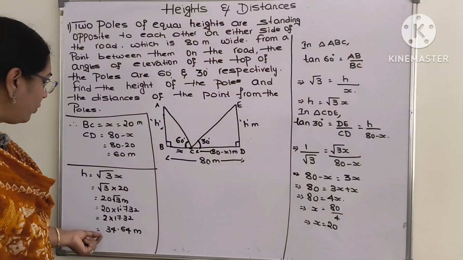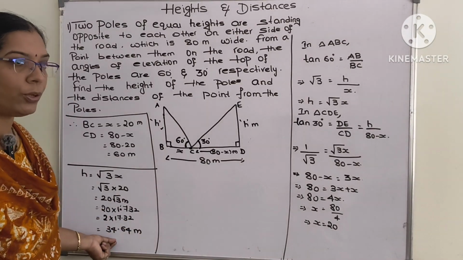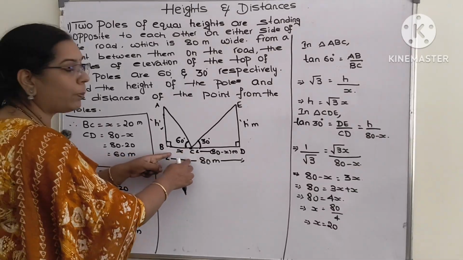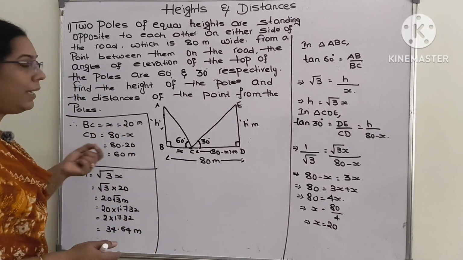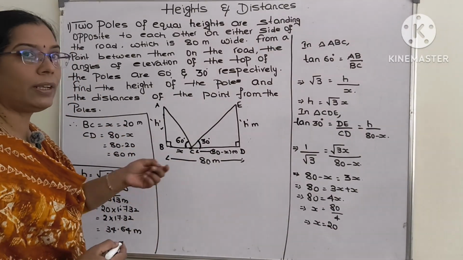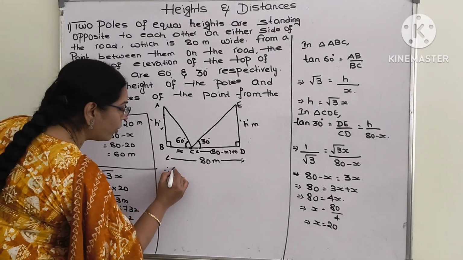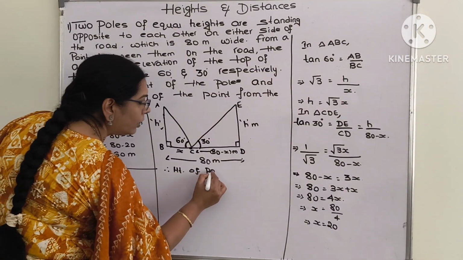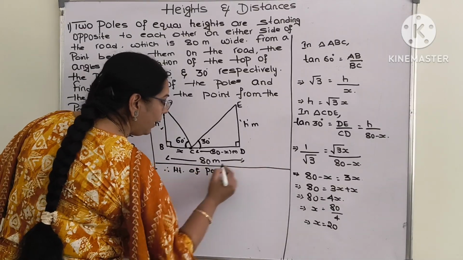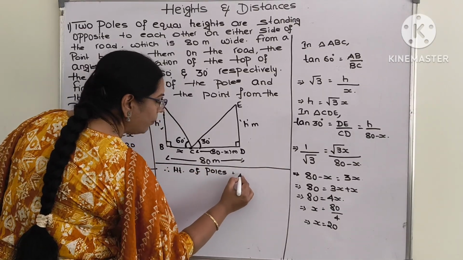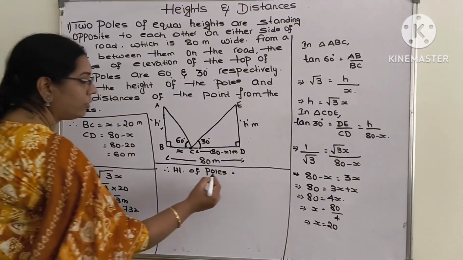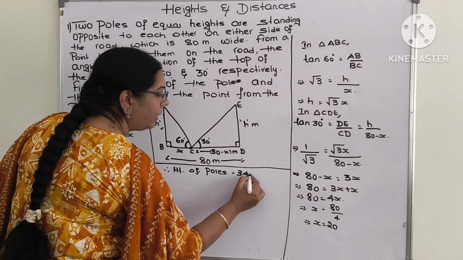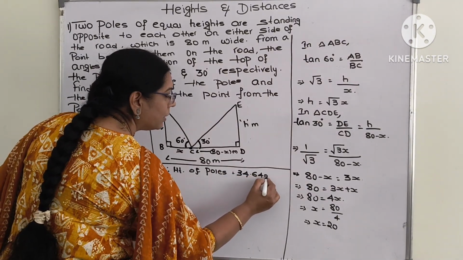So what is the height of the pole? 34.64 meters. And how far is the point from both of them? 20 and 60 meters. You can write them at the end. Therefore, the height of the poles is 34.64 meters.